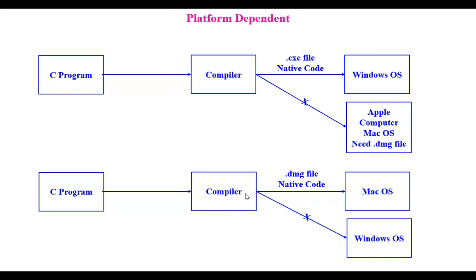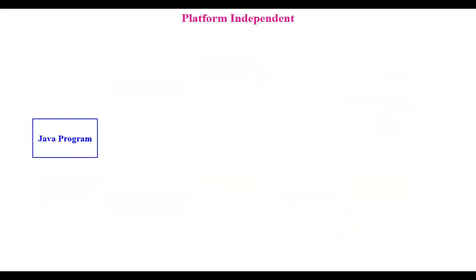Let us see how platform independent works. We know that an example is Java. A Java program can be run on any operating system. Let us see how. If you take an Apple computer with the Mac operating system, it has a JVM for Mac, the Java Virtual Machine.